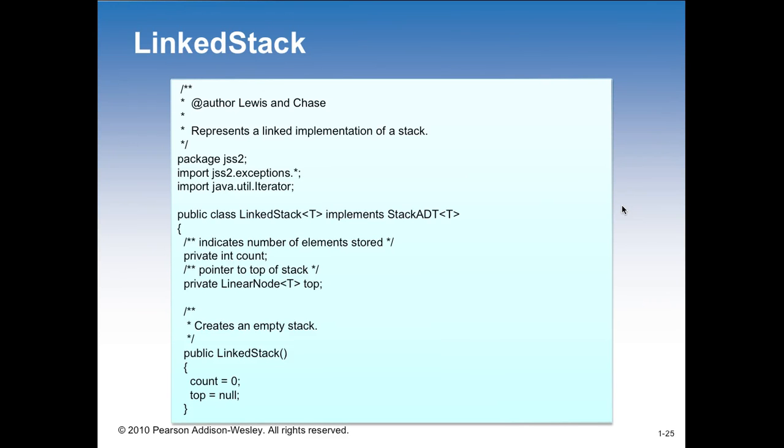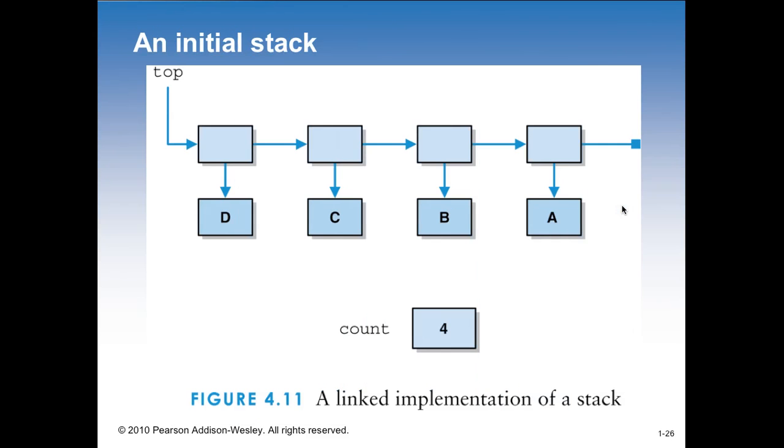So our linked stack, in terms of its implementation, is very similar to the other examples that we've looked at so far. Let's say here's our list. Our count would be 4, because we have 4 nodes that are created. We can increment a count.